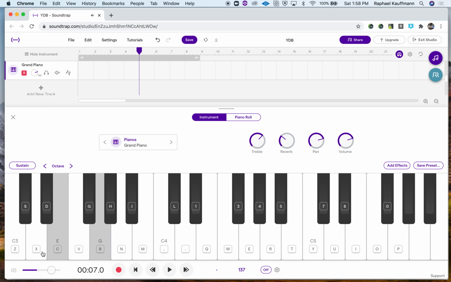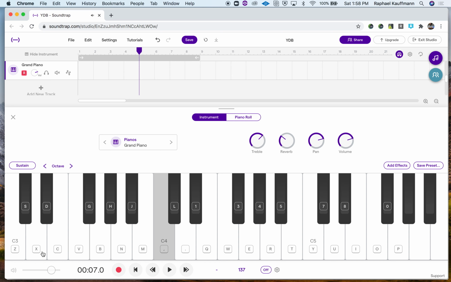So C is the root, but if you play the same notes but starting on E, G, and C, it's the same set of notes, but it has a different feel to it, a different sound to it. It's a different voicing. This is called the first inversion of C major.